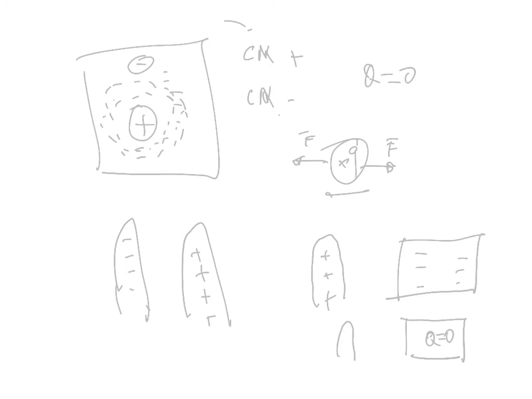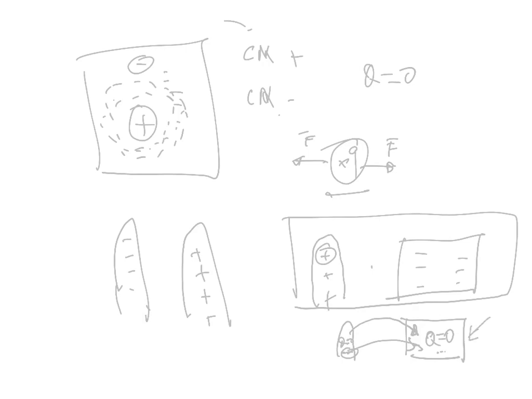These also have Q equals 0. So how can I arrive at this position? I extract a negative charge and put it here. If I extract one negative charge, this object will have one positive charge. If I extract another negative charge, this one will be 2 times negative, while the other will be 2 times positive.